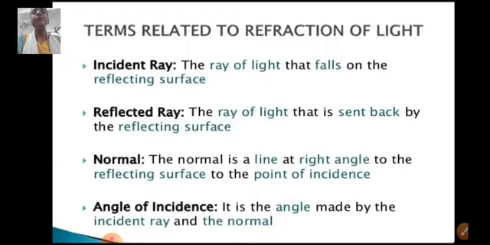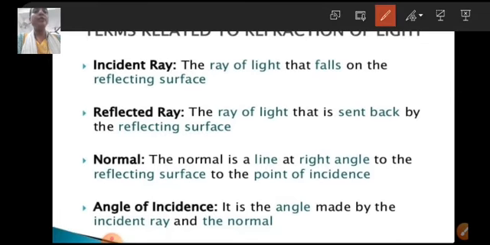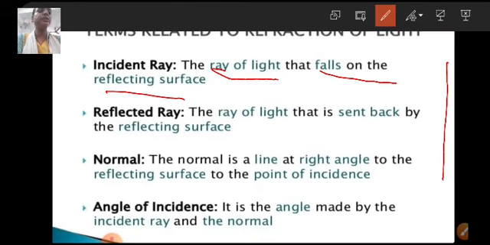Now before going further, we should know some terms that are related to the reflection of light. First of all, we have the incident ray. The incident ray is the ray of light that falls on the reflecting surface. So if this is the reflecting surface, the ray of light that falls on the surface will be the incident ray, and the arrow used to indicate this ray will be facing towards the reflecting surface.